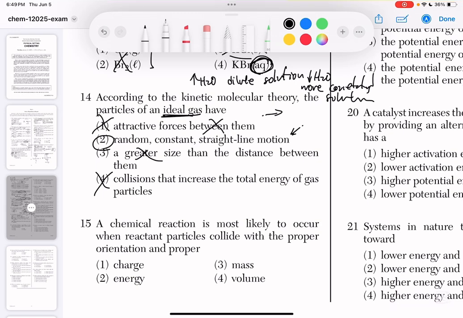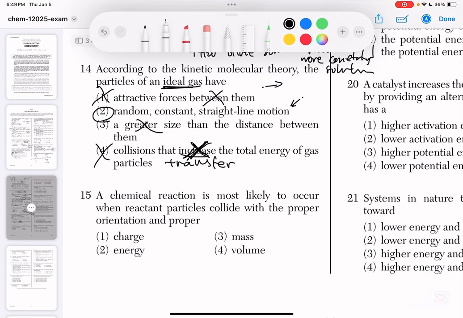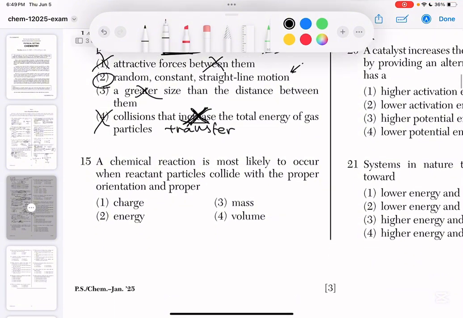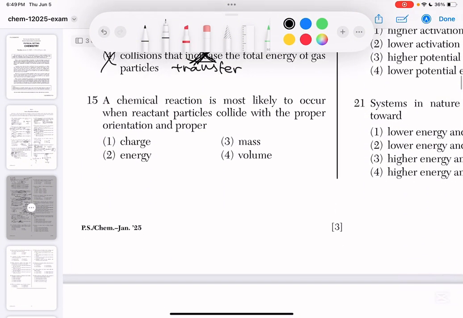The collision transfers energy, and so increase would be inaccurate. This one, kinetic molecular theory, is something that you just kind of have to know, and it's very useful.